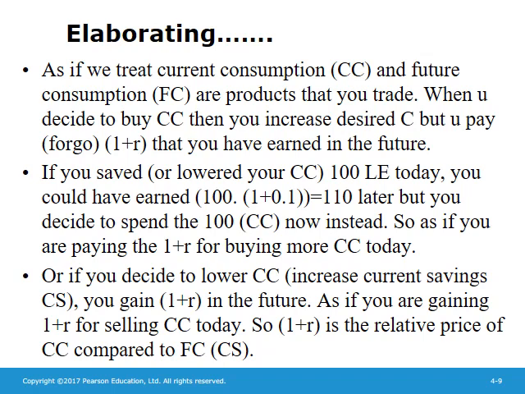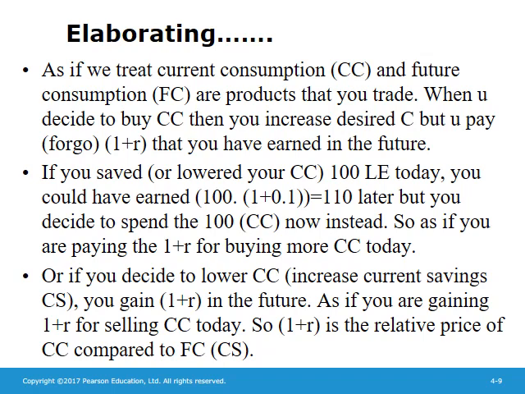Or the other way, I decided to lower my current consumption, which implicitly means that I need to increase my future consumption, which means, again implicitly, increasing my current savings. In lowering my current consumption, I will gain 1 plus R in the future, and I'll gain these 10 extra pounds due to this real interest rate.